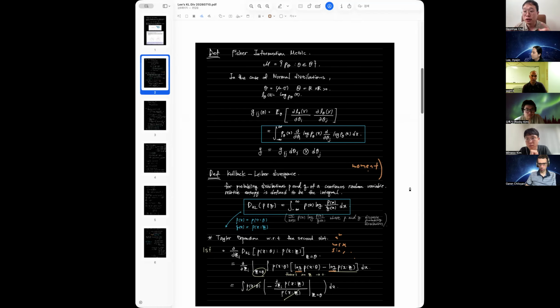Bregman divergence is known as a quite helpful and useful object in statistics, but I actually do not yet see how to understand it mathematically. So from Dr. Kim's presentation, maybe we might see more of the topological meaning out of it. Let's try to look at it.